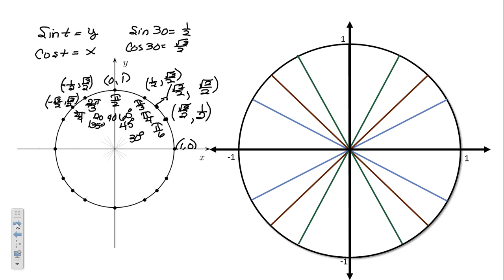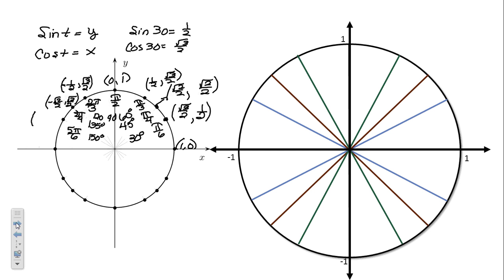This is a 30-degree angle in the second quadrant. Its value is 150 in degrees and 5 pi over 6. Okay. So what's the cosine of 30?